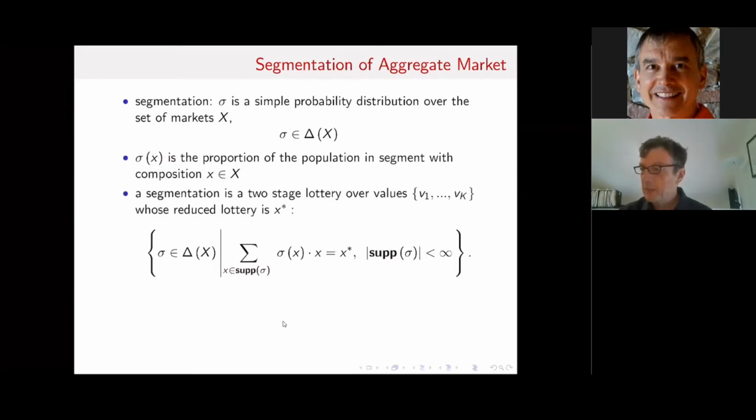Well, we can essentially choose any segmentation of the aggregate market as long as we are distributing the population over these markets, so that when we sum up, we get back our aggregate market, right?